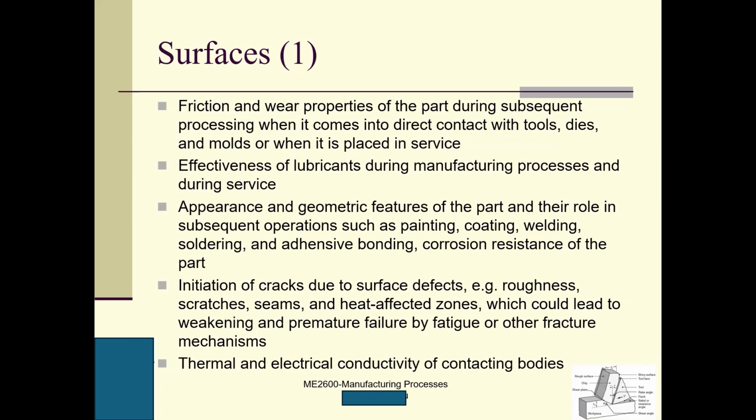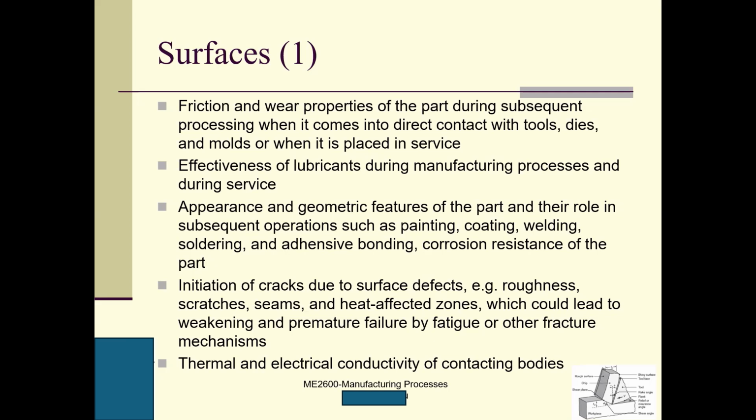friction and wear of the part during subsequent processing when it comes into direct contact with tools, dies, and molds, or when it is placed in service. Friction, the surface. Suppose I have a surface, I have a tool, and my tool moves, so the chip will form.